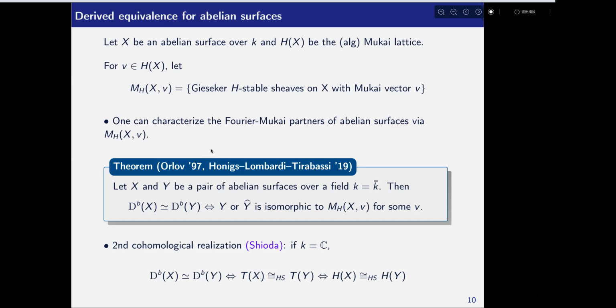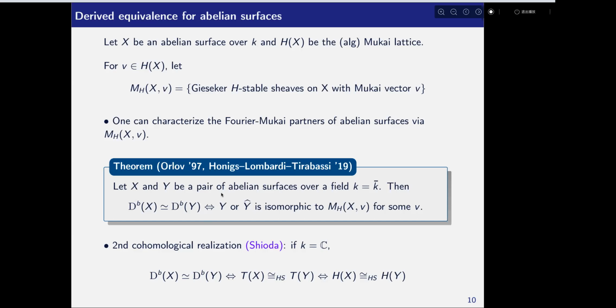And we also have a second cohomological realization. This is found by Shioda. Basically, when K is C, the complex numbers, two abelian surfaces are derived equivalent if and only if their transcendental lattices are Hodge isometric, and this is also equivalent to their Mukai lattices being Hodge isometric. You find this story is very similar to the story of K3 surfaces, right?